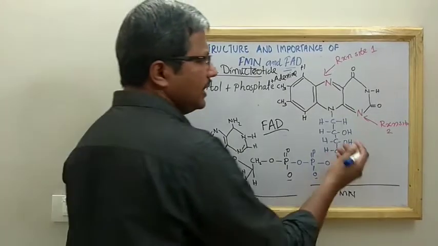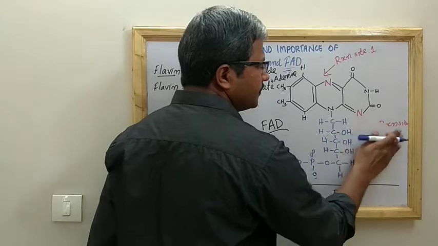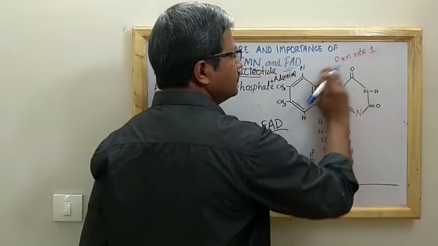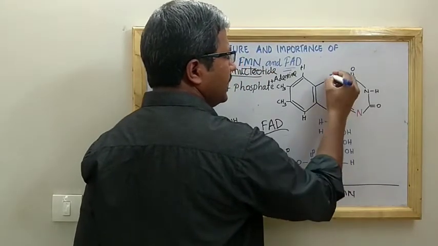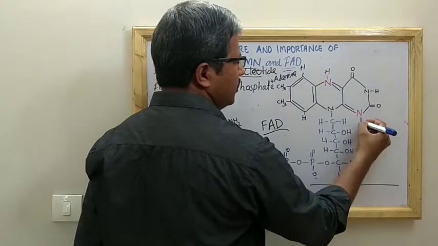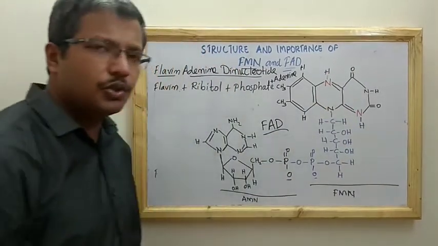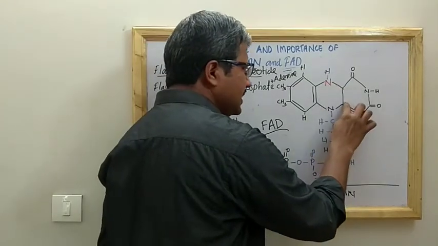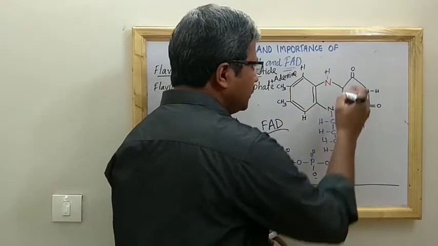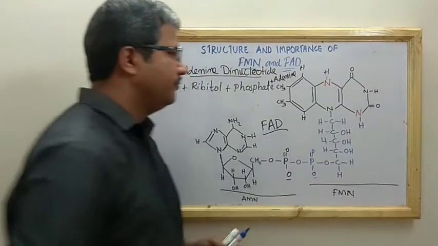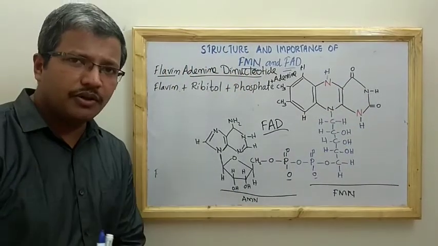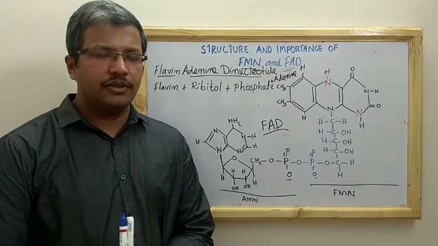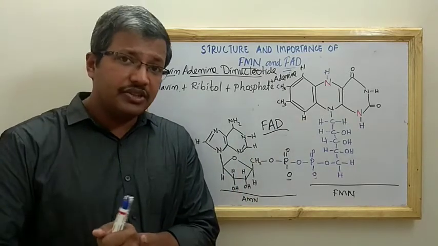So where the hydrogen will be added? Hydrogen will be added here, hydrogen 1, hydrogen 3. And electron also should be added. As a result, this double bond will be changing its position into this particular region. This is the structure of FAD. Clear? Now this one is FADH2.